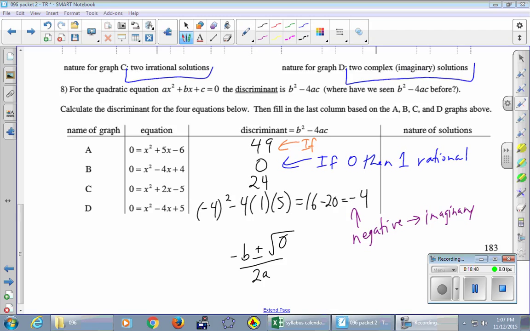If it's a perfect square, then we have 2 solutions. Are they going to be nice or not nice? Very nice, because that square root of 49 simplifies to just plain old 7. And so nice for us means rational.